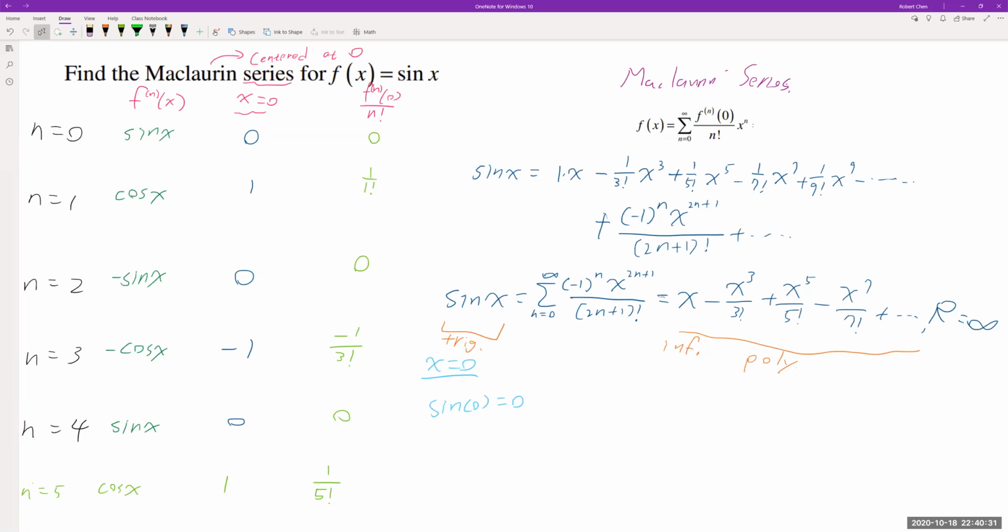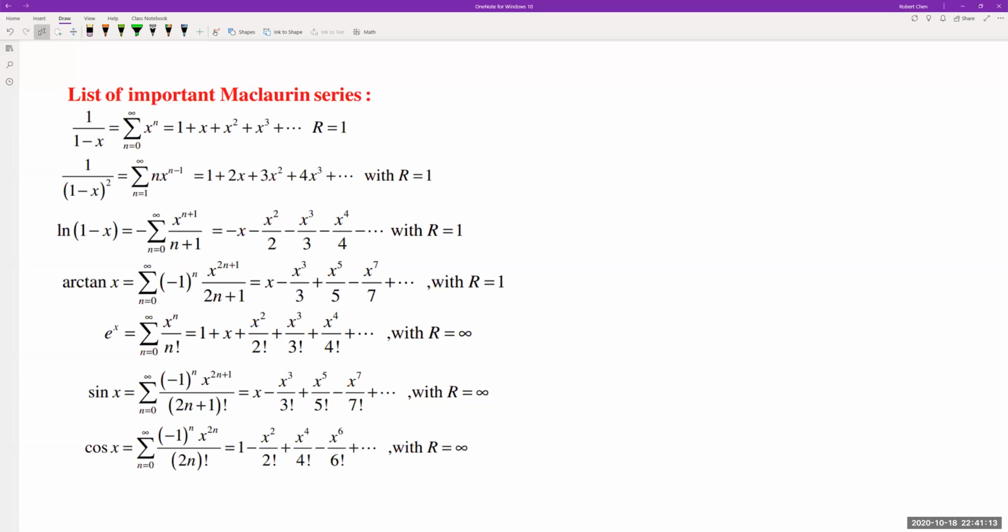Let me give you a quick overview of some of the popular Maclaurin series for some popular functions. Here are some popular Maclaurin series. Notice that we actually talked about these earlier in power series.